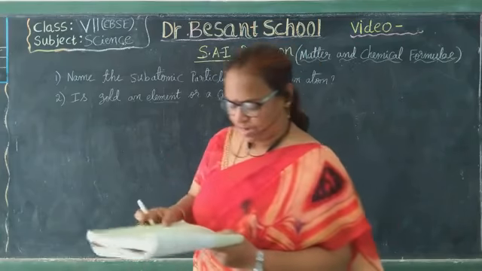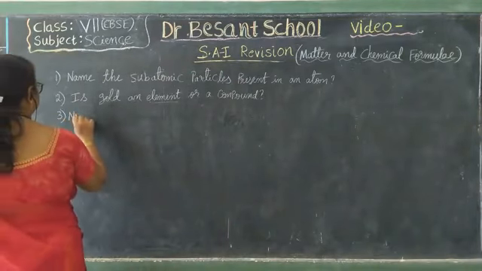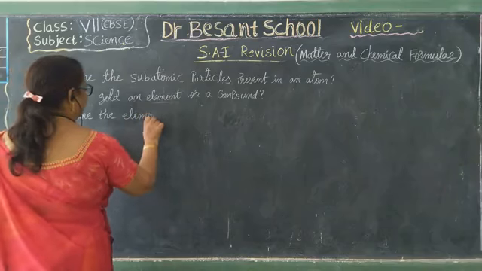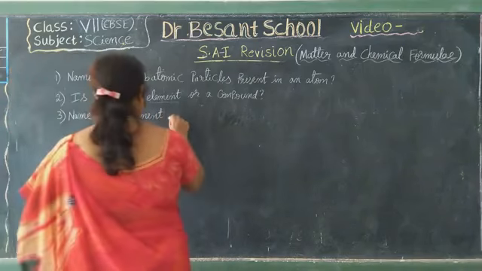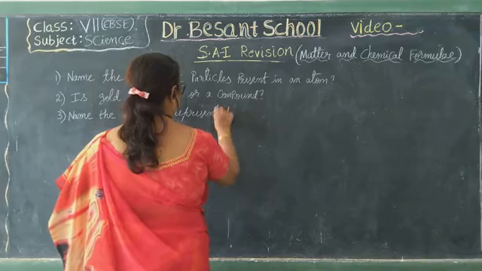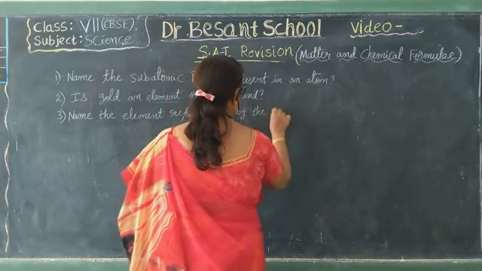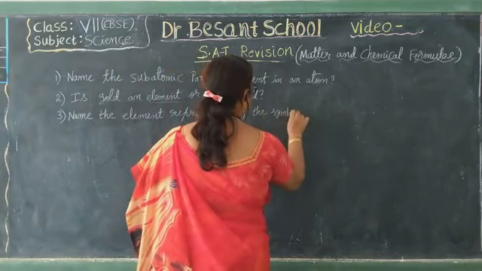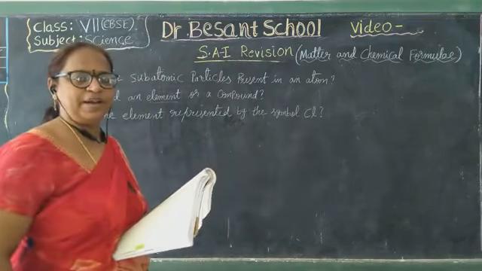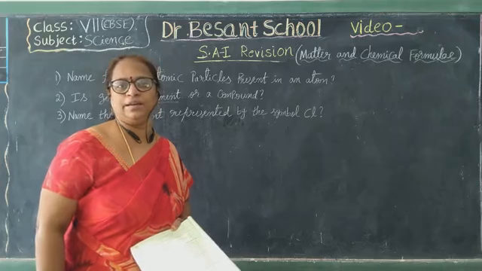Next question: name the element represented by the symbol Cl, capital C small l. So what is that element having the symbol Cl? Yes, it is chlorine.